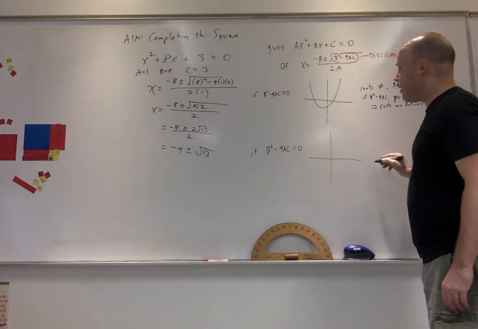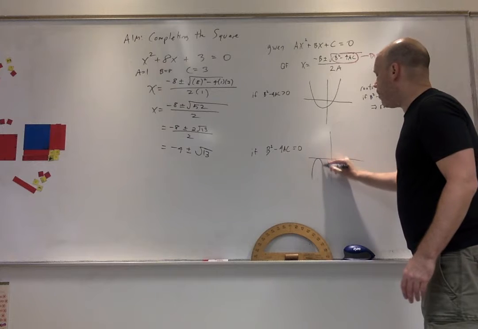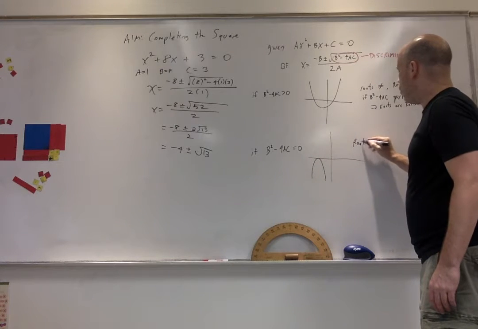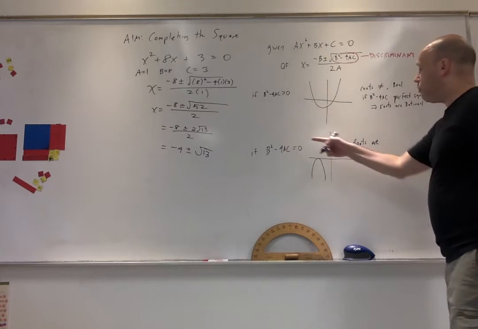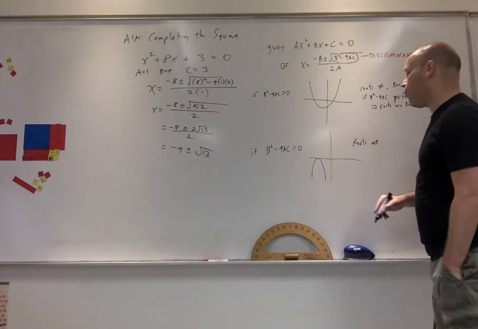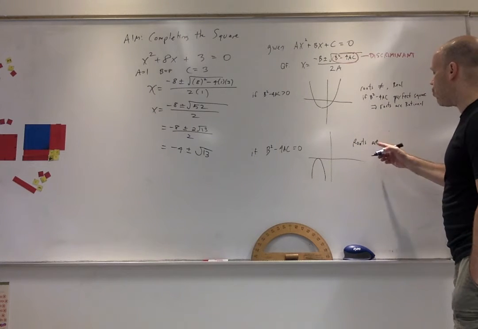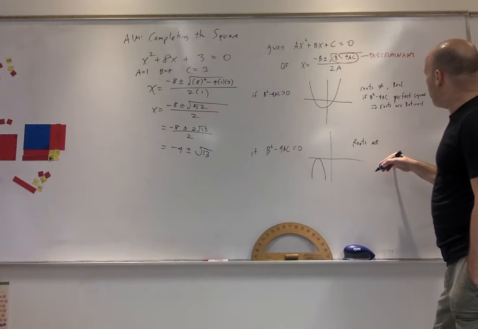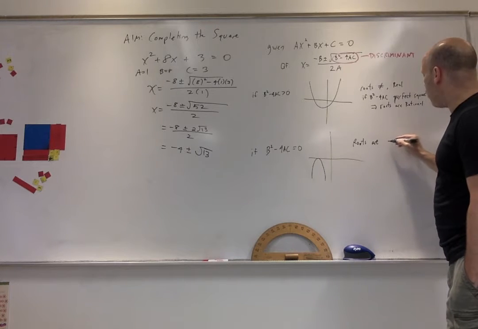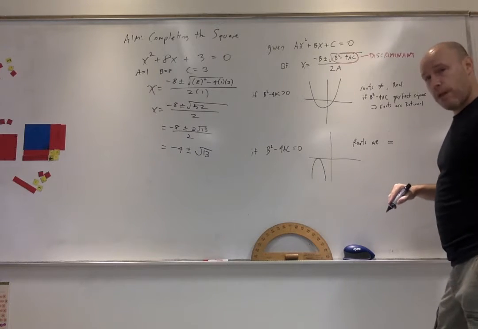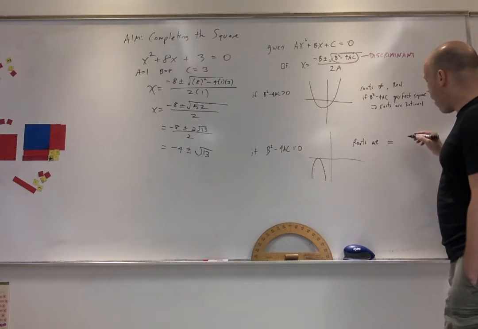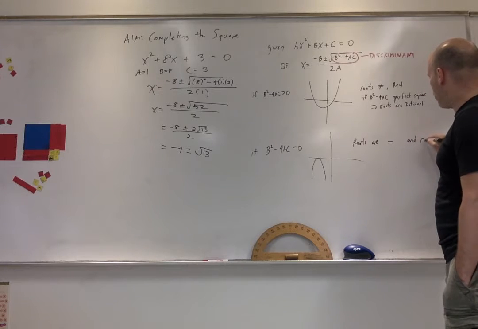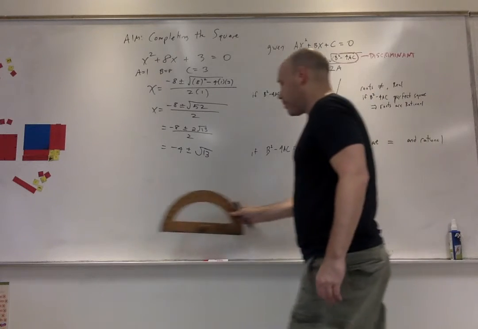The second case that we want to look at is if b squared minus 4ac is equal to 0. Well, we saw this in the last unit. If b squared minus 4ac equals 0, then the roots are what? Then the roots are equal, and rational. And what's the last case?